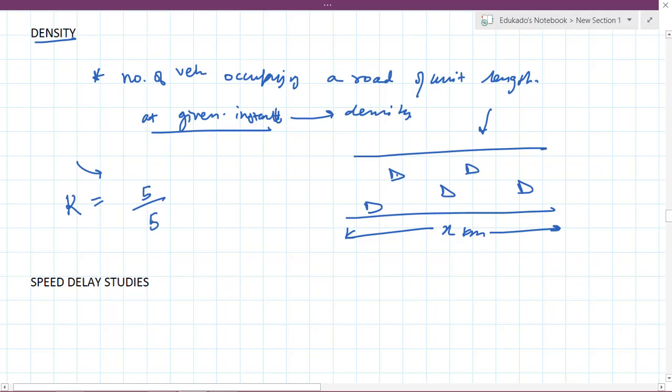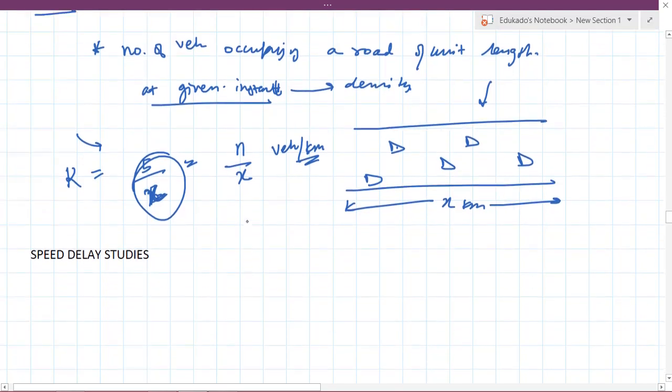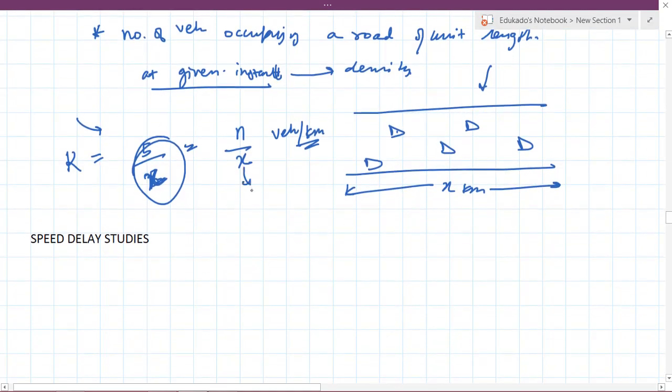So 5 divided by X. I can call it N vehicles over X distance, so you get the unit as vehicles per kilometer. X is the length of the road and N is the number of vehicles. So this was the density.